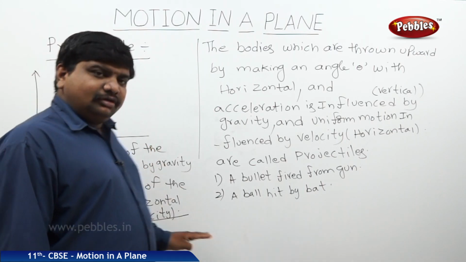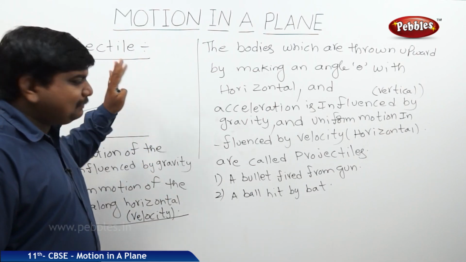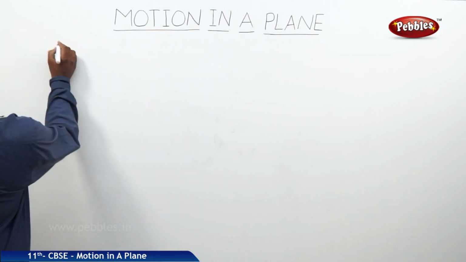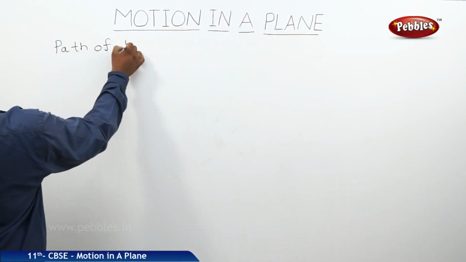Now we will observe the different parameters which are involved to describe the path of a projectile. So the next concept is the path of the projectile.